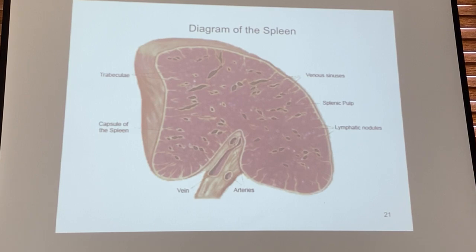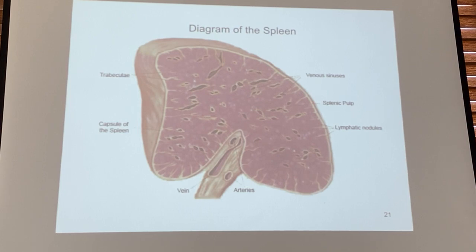The spleen is an encapsulated organ. It has a firm, dense connective tissue capsule, and there is no cortex and medulla in the spleen. And as you see, septa or trabeculae extend from the capsule to hold the organ firm, and also the branches of the splenic artery pass through these trabeculae to supply the spleen itself.